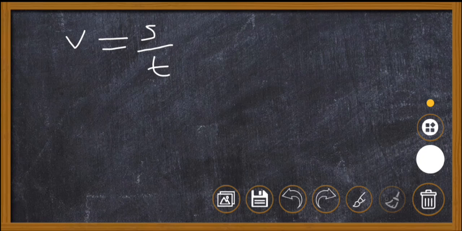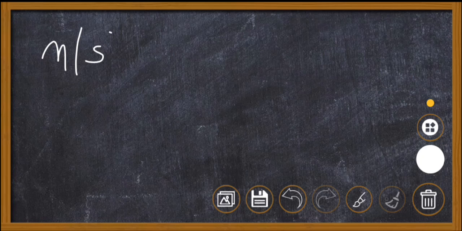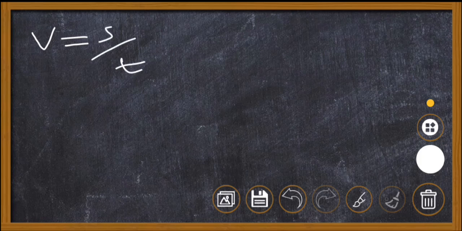So for speed, the units are meters per second, where meters represents the distance, and second represents time. So speed is represented by meters, the distance, over seconds, the time.